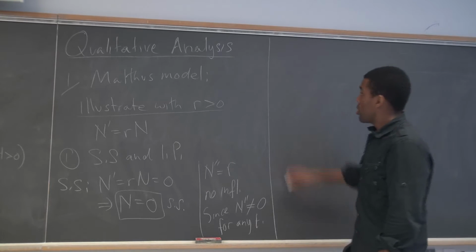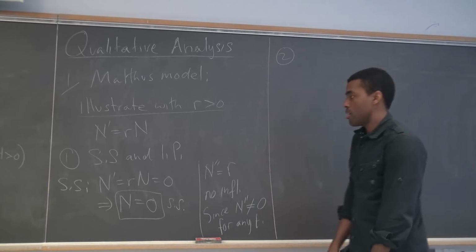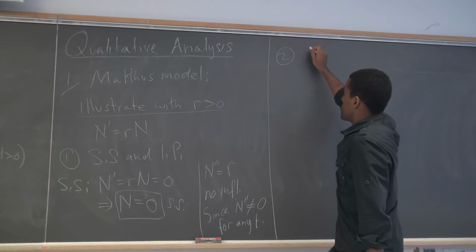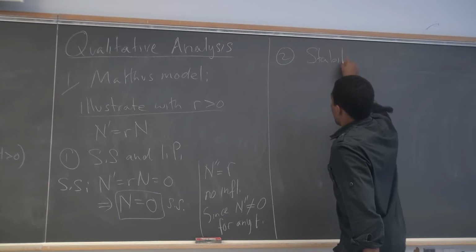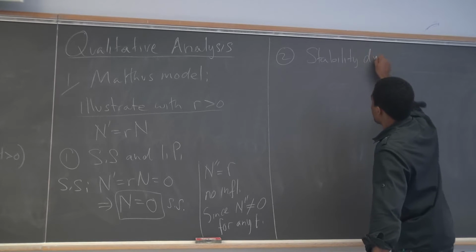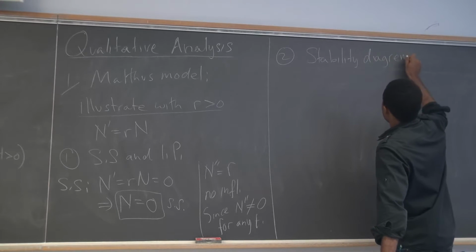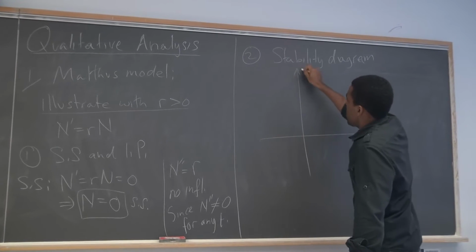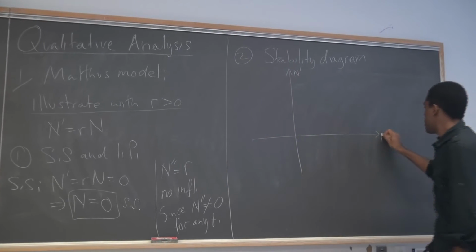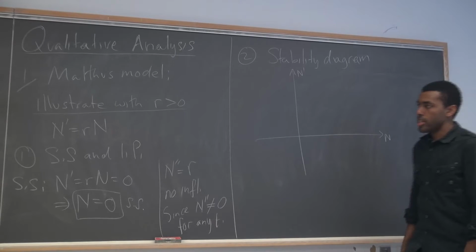Okay? So the second step would be to do what? Stability diagram. All right, so now we're going to graph n prime versus n. What would the graph of this look like?